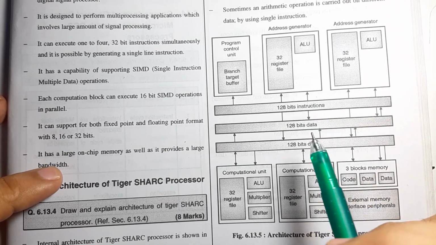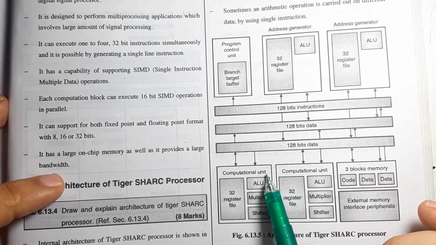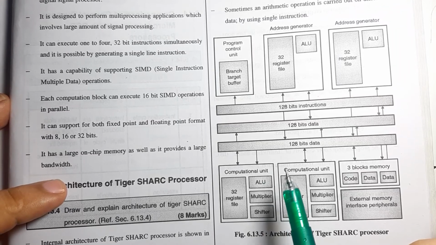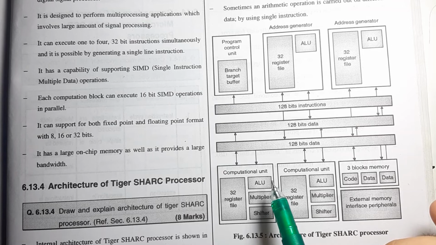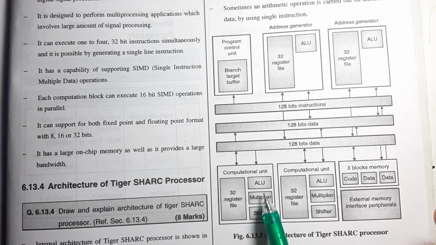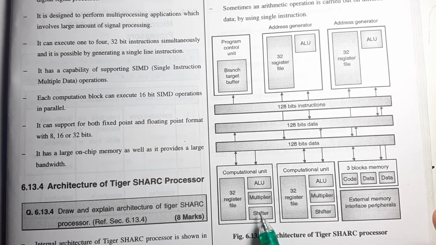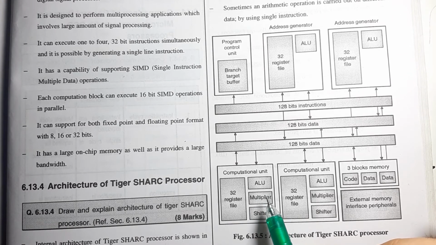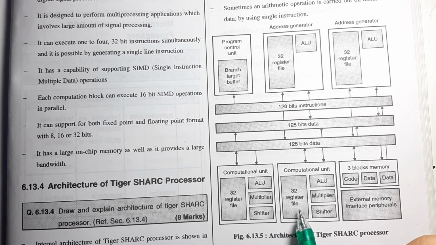Now, the computational unit consists of two computational units. Each computational unit consists of an ALU, a multiplier and a shifter. The ALU performs the same as any processor, performing logical as well as arithmetic operations.